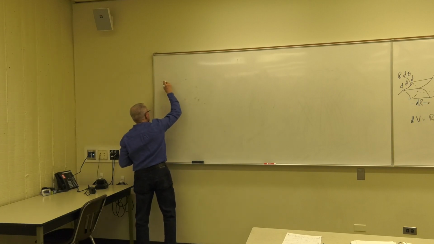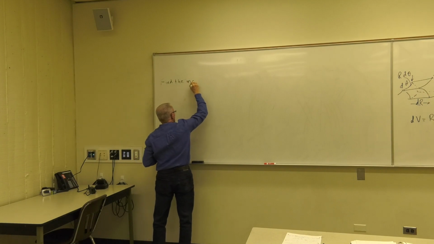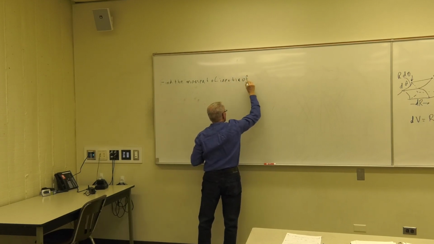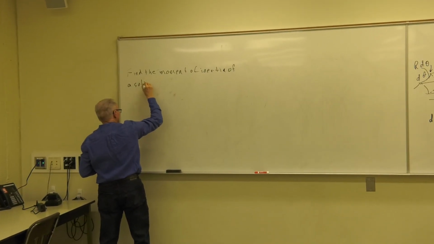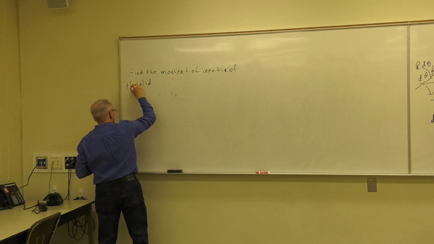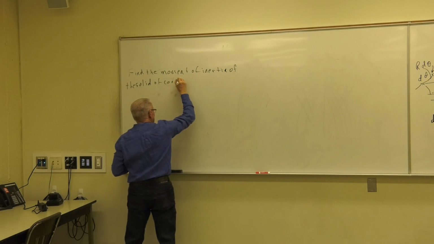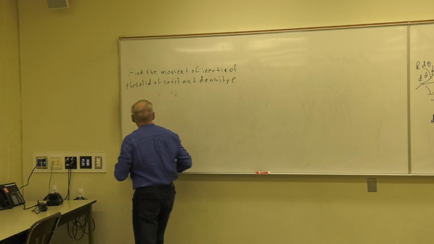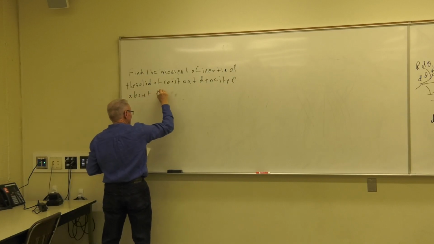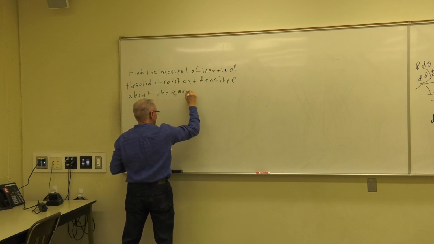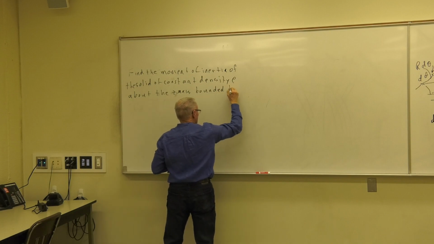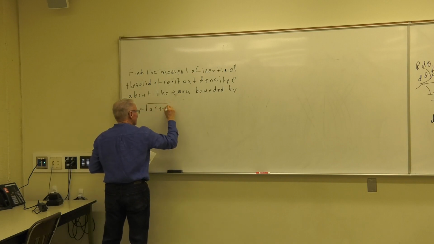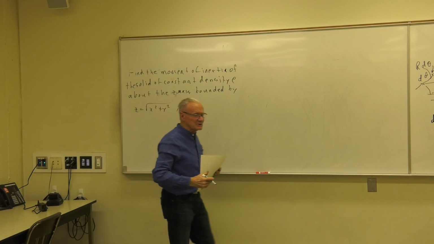Find the moment of inertia of a solid, say perhaps the solid, of constant density rho, about the z-axis, bounded by z is equal to the square root of x squared plus y squared, and z is equal to h, a constant.